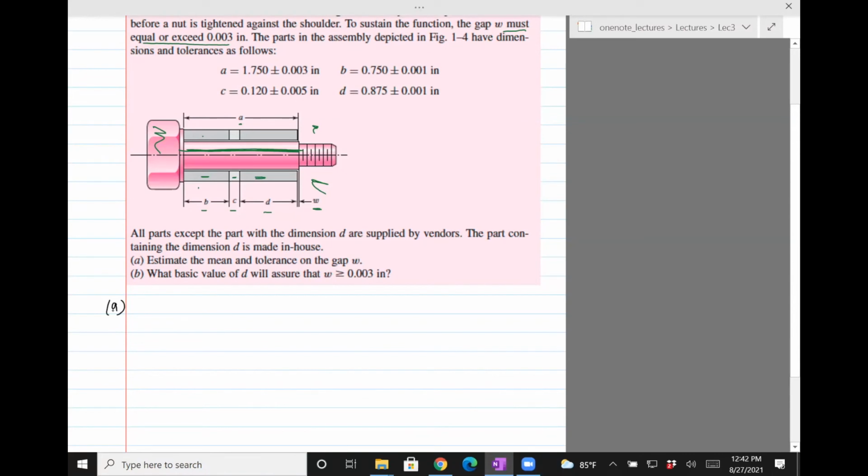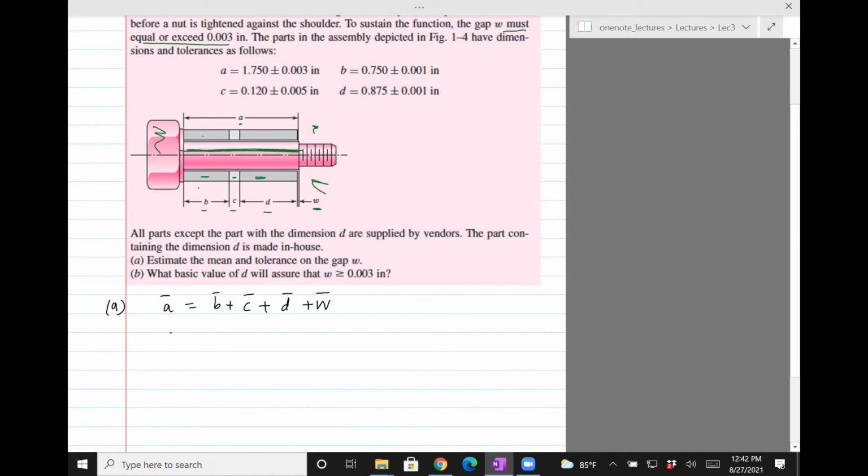The first thing to note is that A is the sum of B, C, D, and W, just from looking at the figure. Now, if you want to compute the mean, then the means of each of them should also hold true.